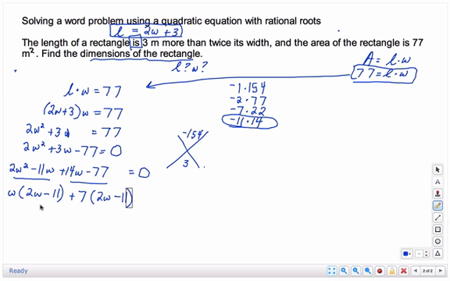Now I'm going to common factor out the 2W minus 11. I'm pulling that out of both of these, and when I common factor it out, it leaves me with a W on this side, and then over here when I take away the 2W minus 11, it leaves me with plus 7. There's my two factors. I set both of these equal to 0.